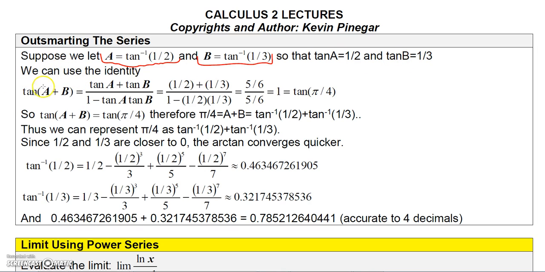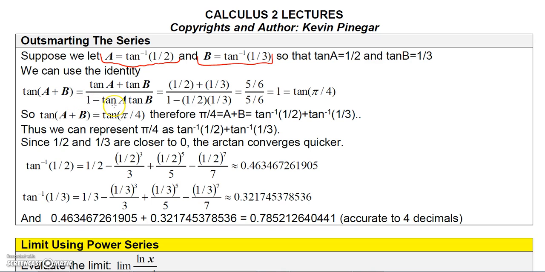Now, there's an identity that says the tangent of A plus B is equal to tangent of A plus tangent of B over 1 minus tangent A times tangent B. Since we know tangent of A is 1/2 and tangent of B is 1/3, the numerator would be 1/2 plus 1/3.